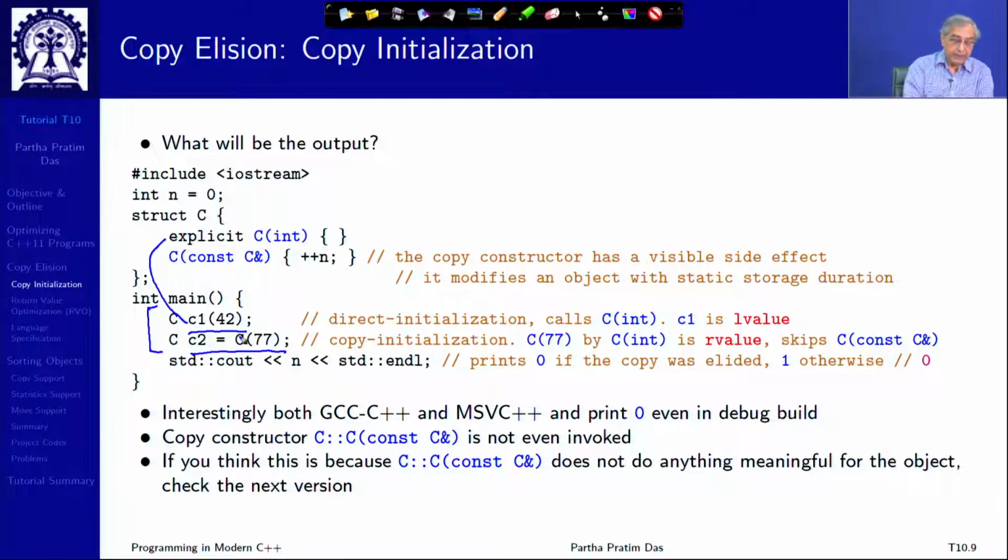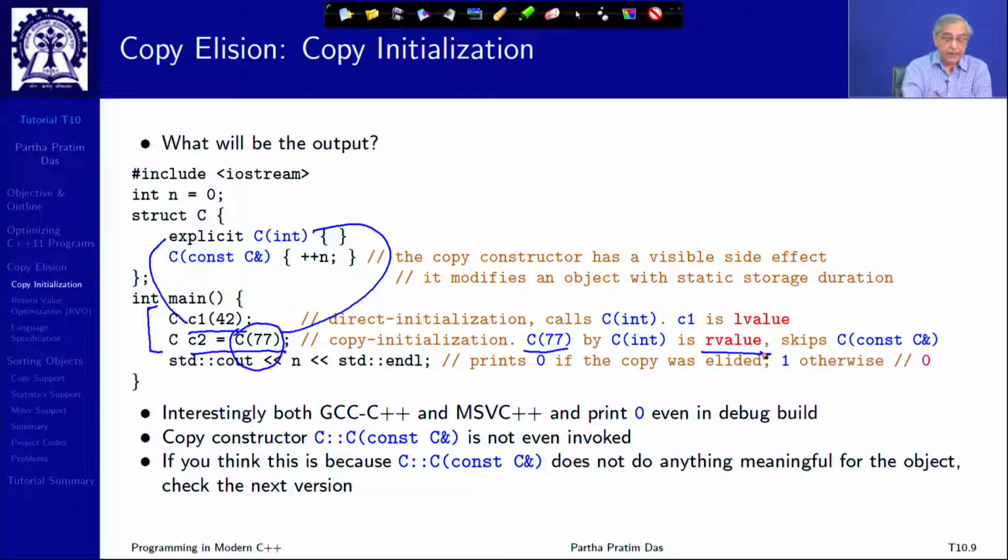C77, this particular object, will be constructed by the parametric constructor, and then from that a copy initialization will happen to C2. It is to be noted that C77 is an R value here.